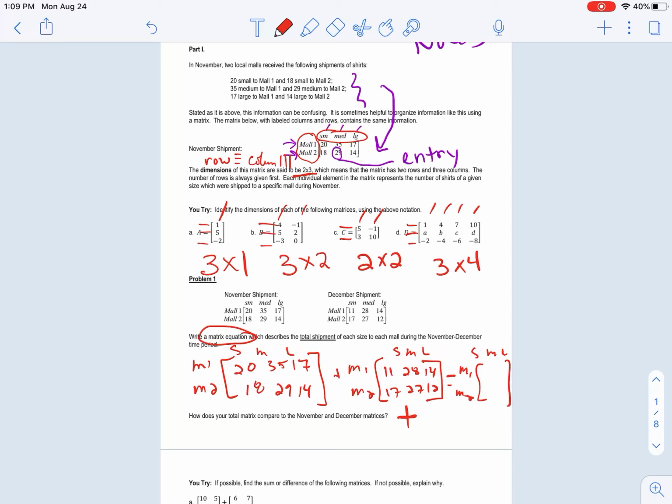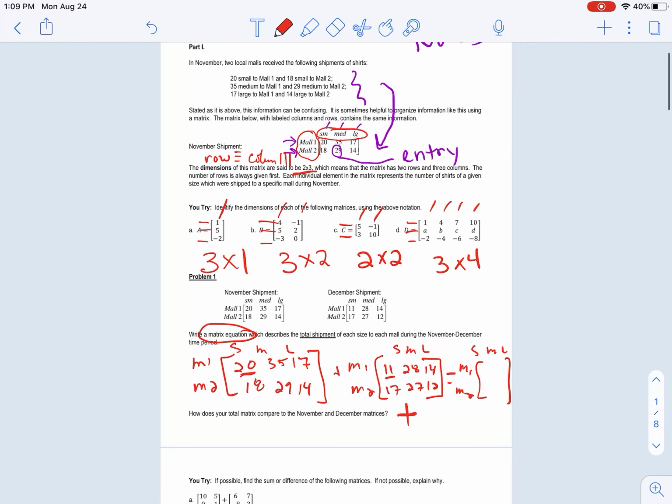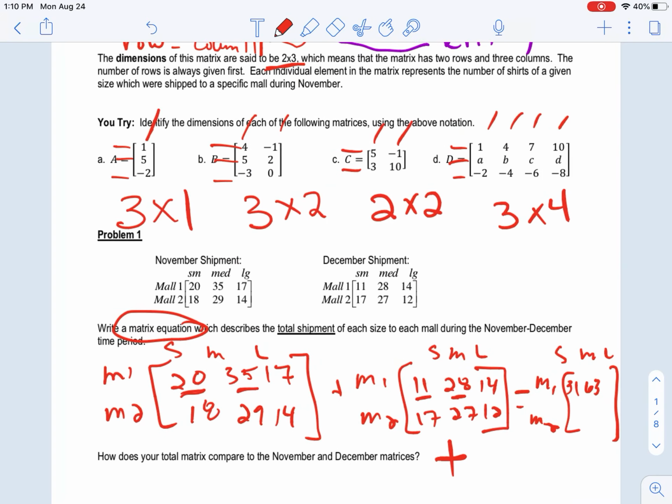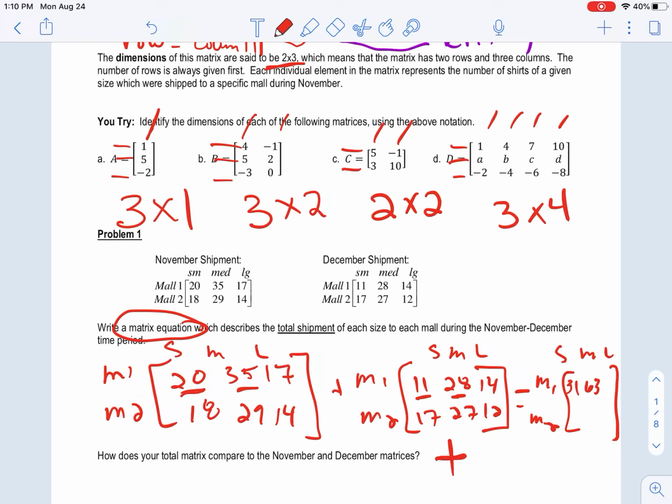So how many smalls? Mall 1 had 20, and then it got 11. So there's 31. Then how many mediums for Mall 1? 35 and 28 is 63. 17 and 14 would be 31.